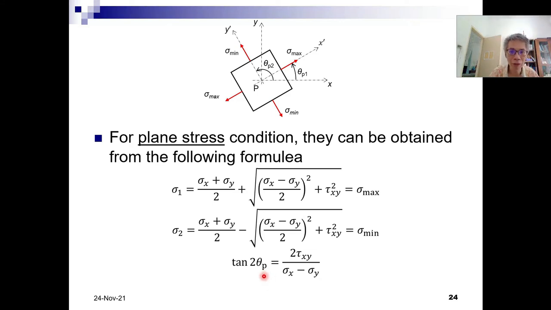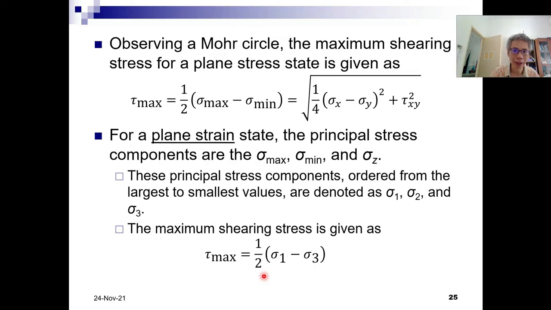So if we run a software, normally there is an option of this. Okay, that's about principal stresses and the corresponding maximum shearing stress. You may refer again to your lecture of mechanics of materials for the details of the derivation of this formula. Okay, or you may read from my book.